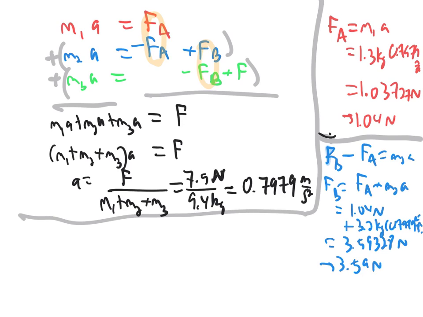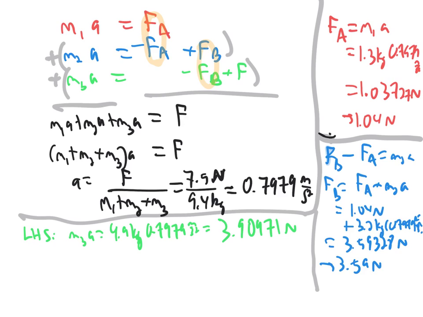And then we even have sort of a last option, which is we can check this third equation, and it should also be true if we have the right answers. So I'm just going to take the left-hand side and the right-hand side and see what happens. The left-hand side of that equation is just M3A, which is 4.9 kilograms times the 0.7979 meters per second square, which is 3.90971 newtons.